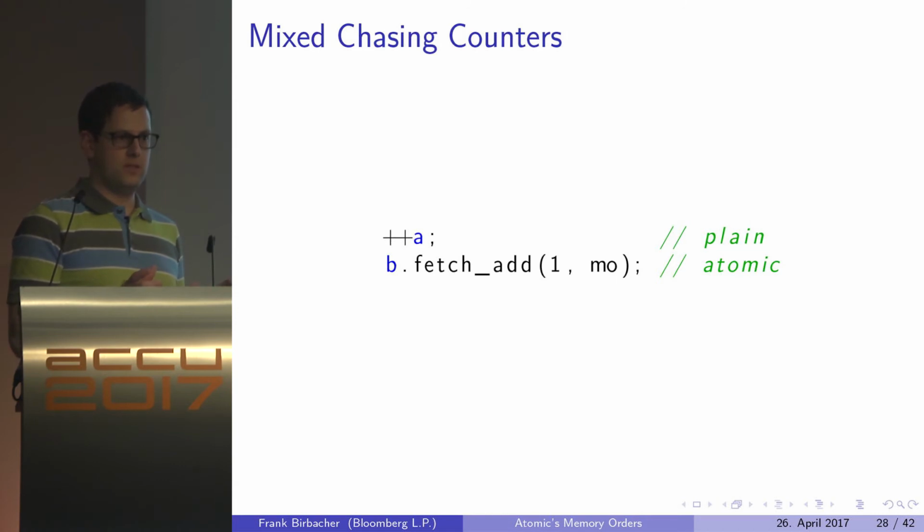Release is only valid if your operation is going to write to memory, which the increment does. And acquire is only valid if you're actually loading a value, which this one does as well. So the fetch_add is actually loading and storing a value. Therefore, it's a read, modify, write operation. And therefore, I can work with release, acquire, and release acquire memory order. But we really care about the release.